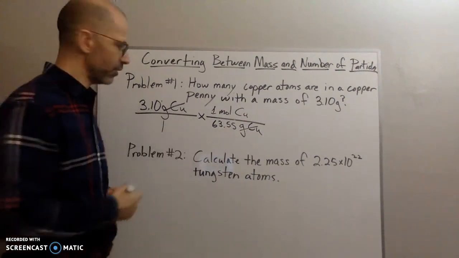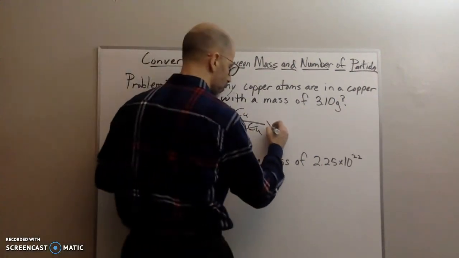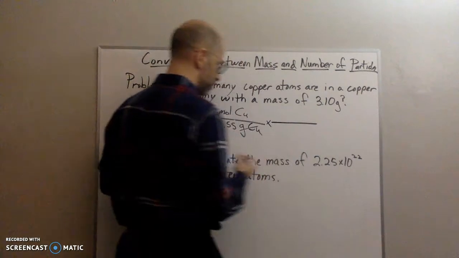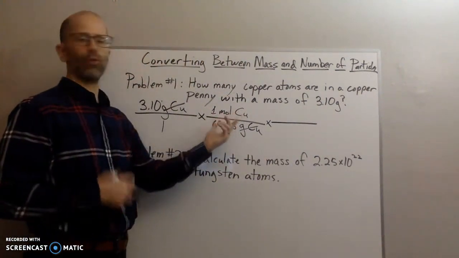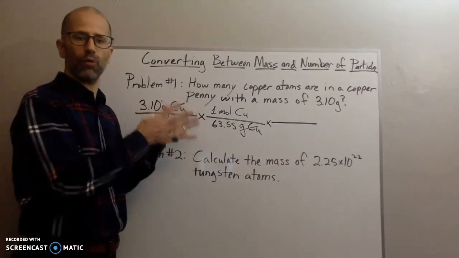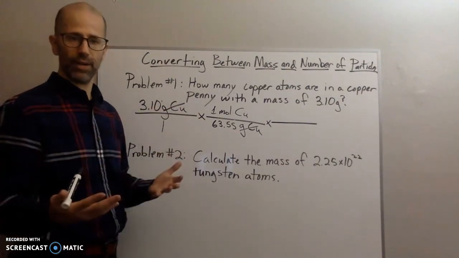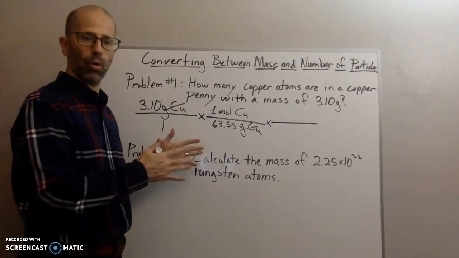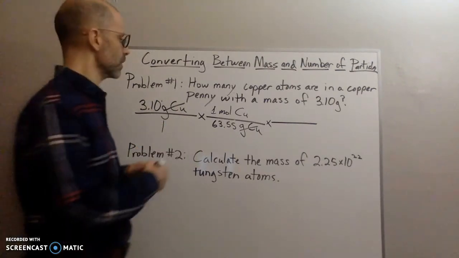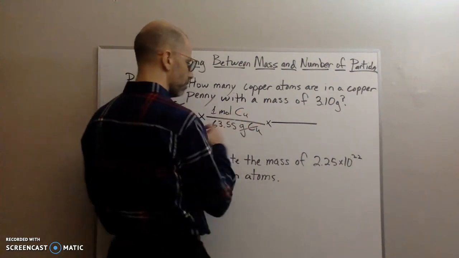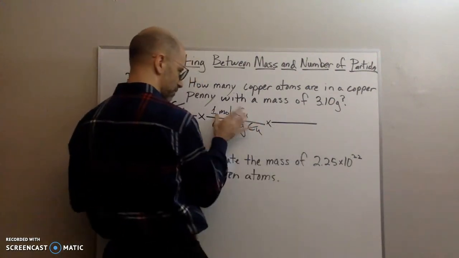So I need another conversion, so I write another step. Now I need to go from moles to atoms, so I need to go from moles to particles. That is Avogadro's number. 1 mole is equal to 6.022 times 10 to the 23rd. I'm going to put moles on the bottom because I have moles up top.